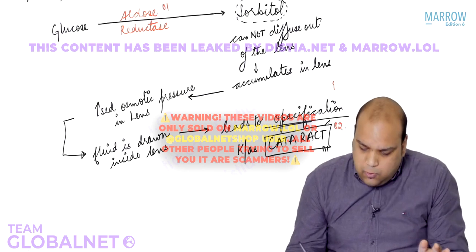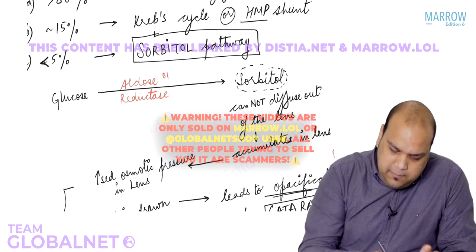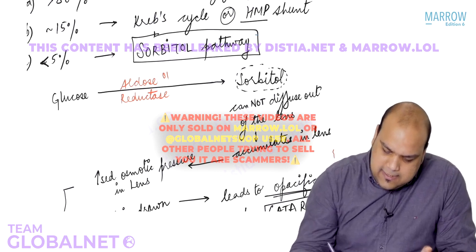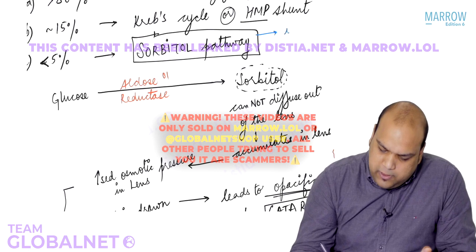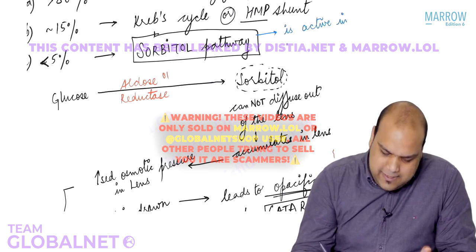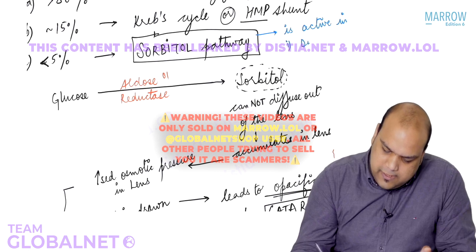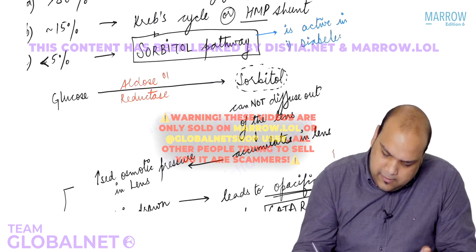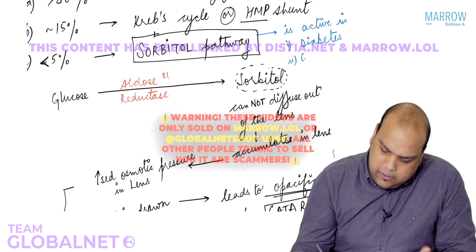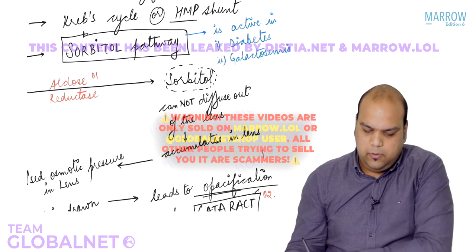So, the sorbitol pathway becomes active in which diseases? That's now the third question. The sorbitol pathway is active in diseases like, number one, obviously, diabetes, hyperglycemia, also galactosemia. No confusion, everybody.